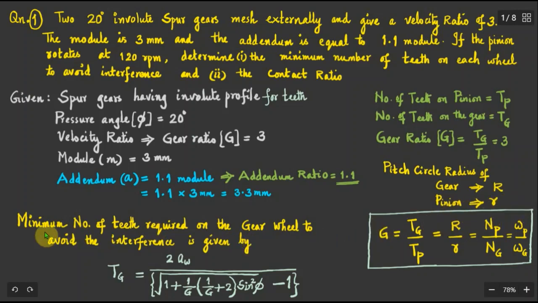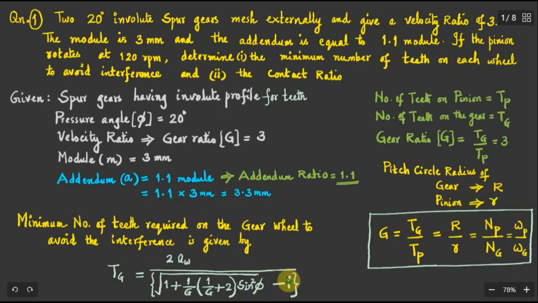Now we have an equation for the minimum number of teeth required on the gear wheel to avoid interference. Interference is something we need to prevent. So the minimum number of teeth on the gear wheel, that is the bigger gear out of the two mating gears, to avoid interference is given by TG is equal to 2 times AW, A suffix W, divided by square root of 1 plus 1 by G into 1 by G plus 2 into sine square phi, minus 1.